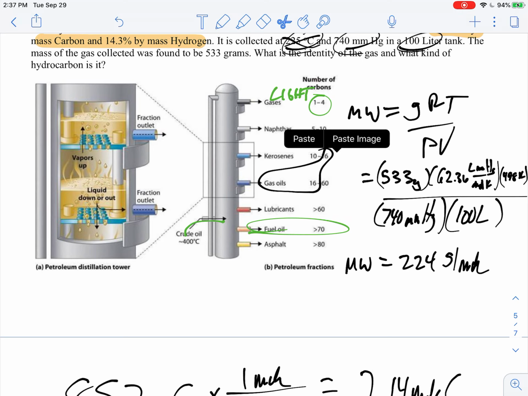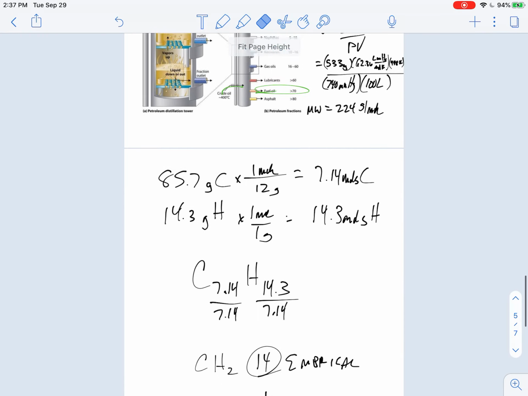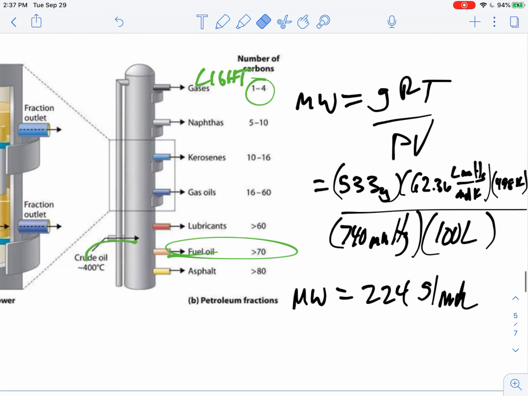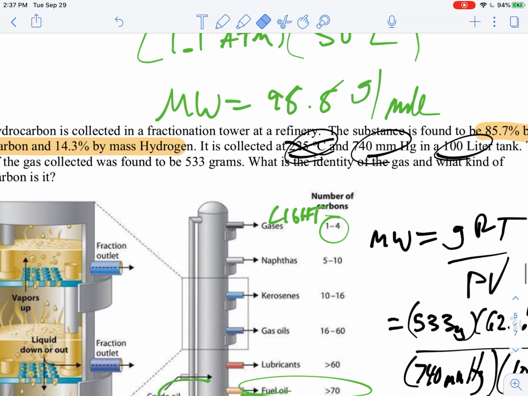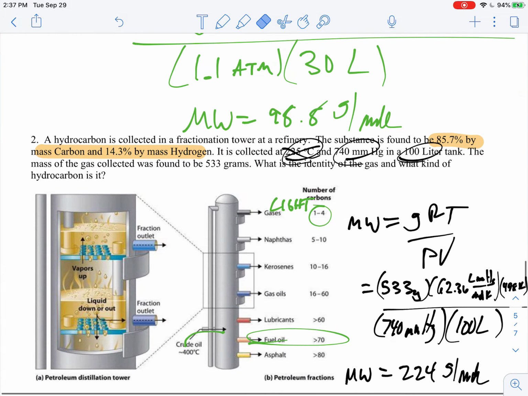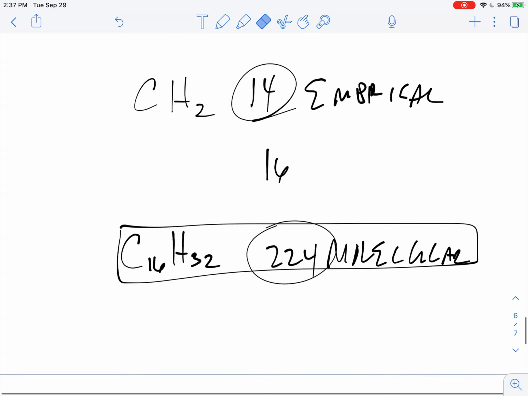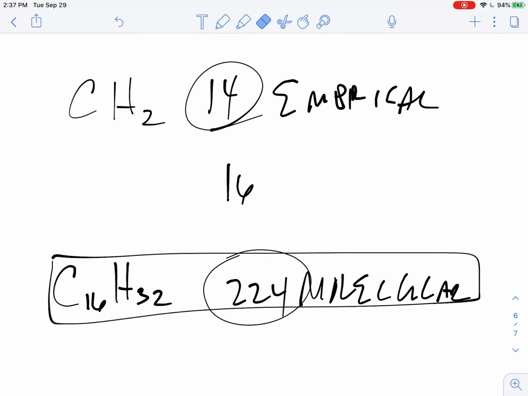It would be one of those. So that's how you work those problems. We calculated the molar weight, and then I gave you mass percentages, and from the mass percentages you can get the empirical formula, and from the molar weight you can get the molecular formula. You can figure out what copy of it.